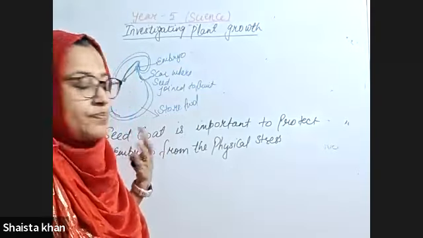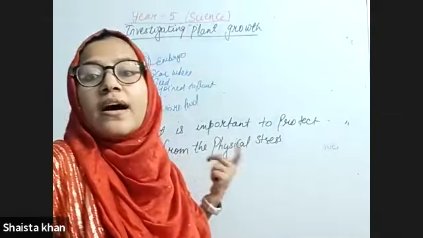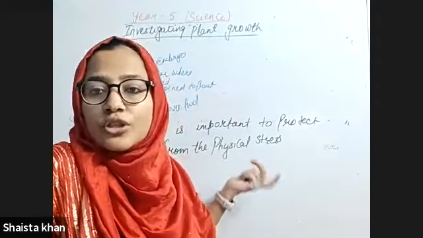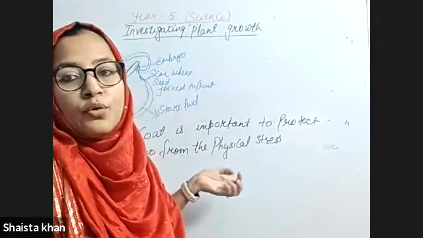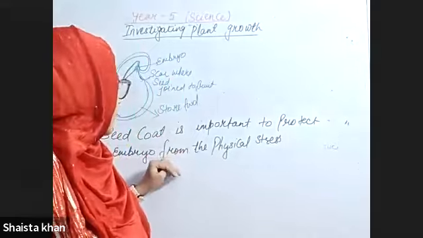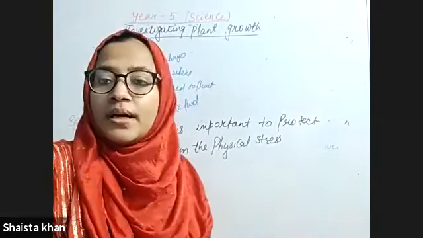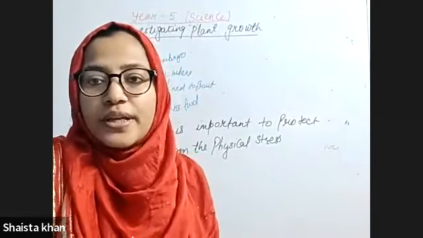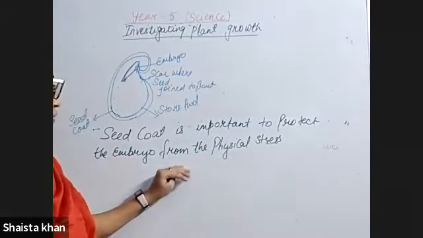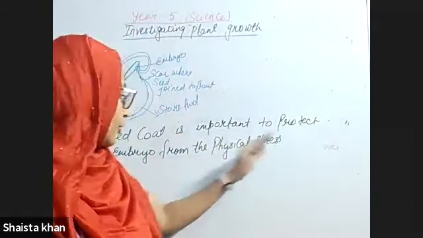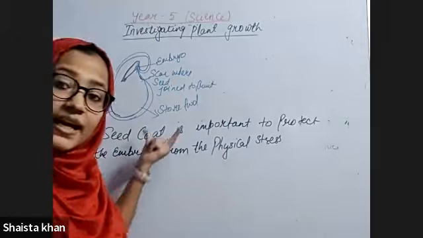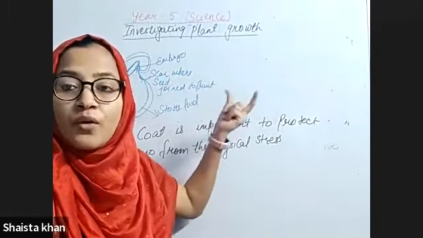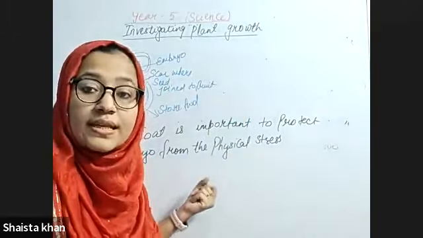If there is wind blowing at a very high speed, maybe the outer layer of the soil will be removed and the seed will open up and it cannot get enough water and sunlight. So that's why the seed coat protects the embryo, because the embryo is the part where the root system and the shoot system will develop.